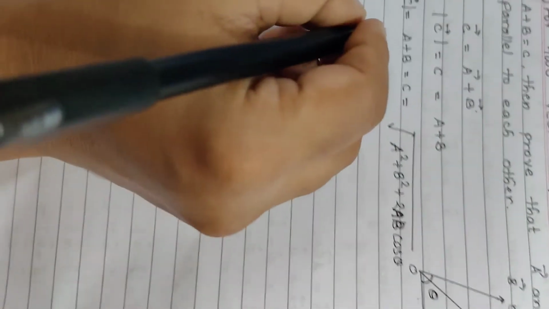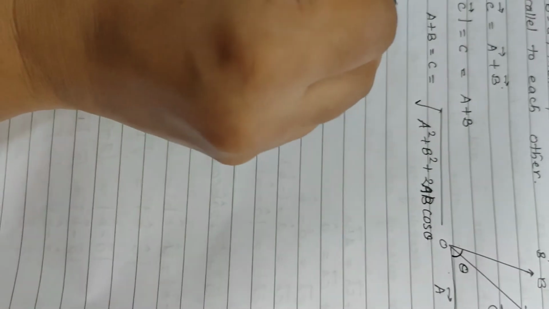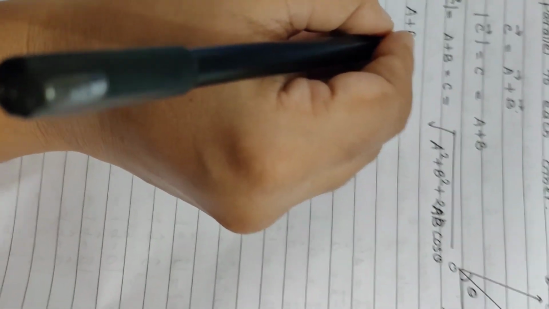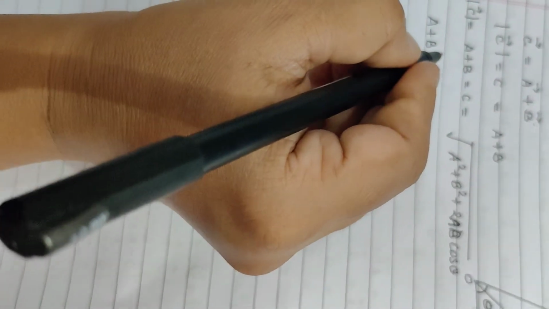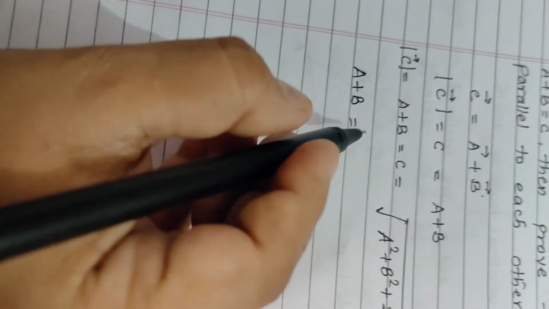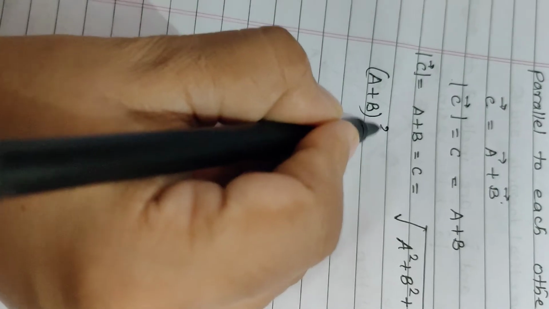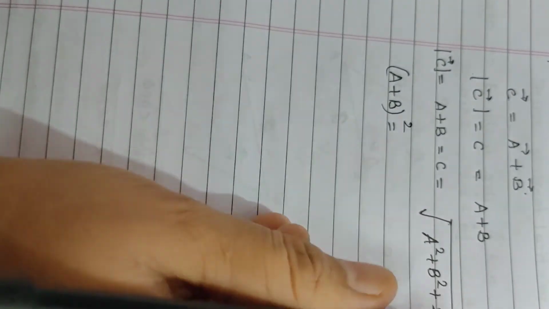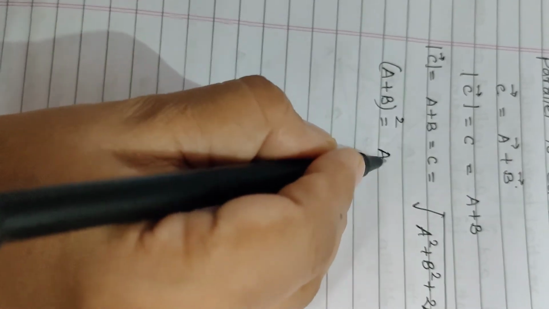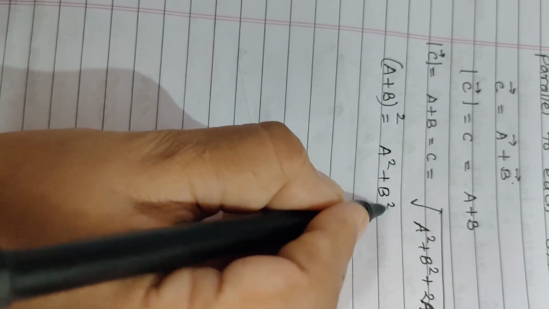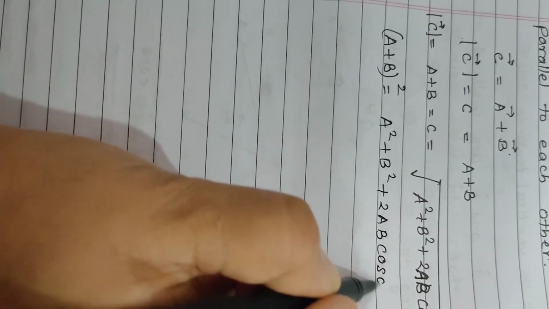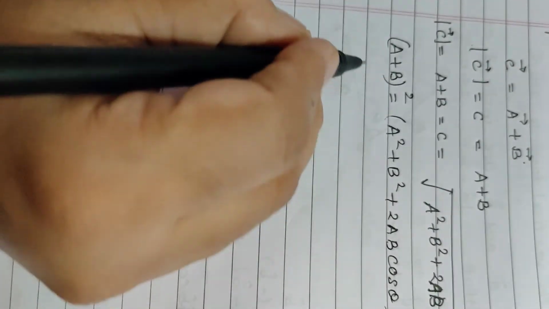Now you will see that a plus b is equal to this. Now I am squaring both sides. This is a plus b whole square, and on this side, if I square, the root will be cancelled. So it is a square plus b square plus 2ab cos theta. What I have done is squaring both sides.